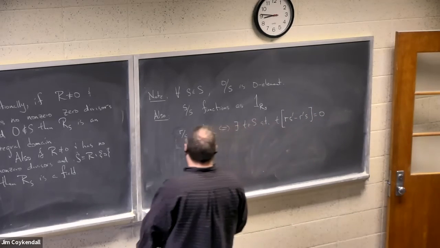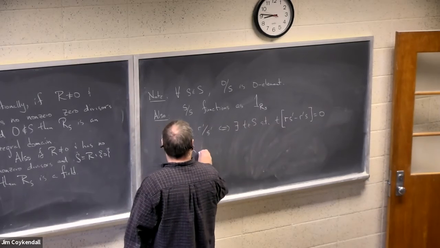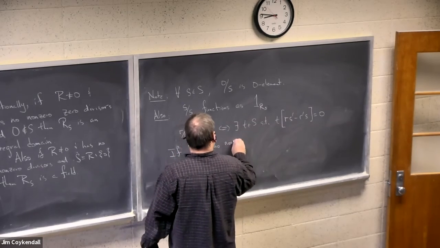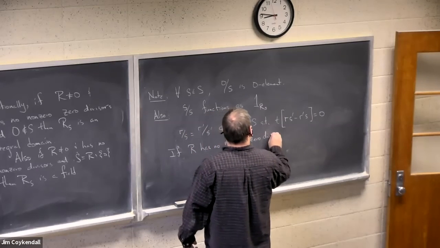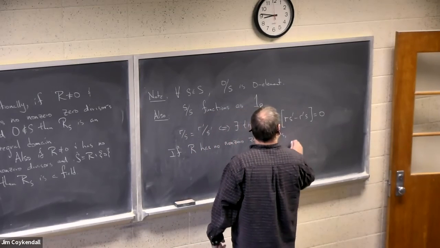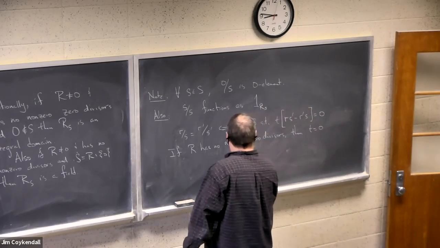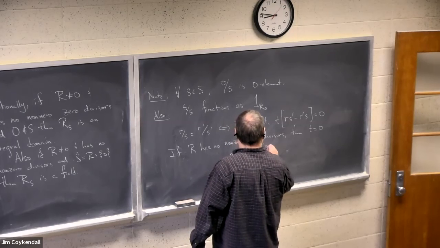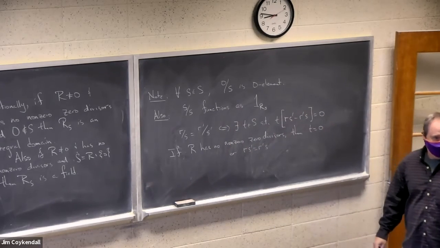So let me point out, if R has no 0 divisors, then T equals 0 or R is 0, right?